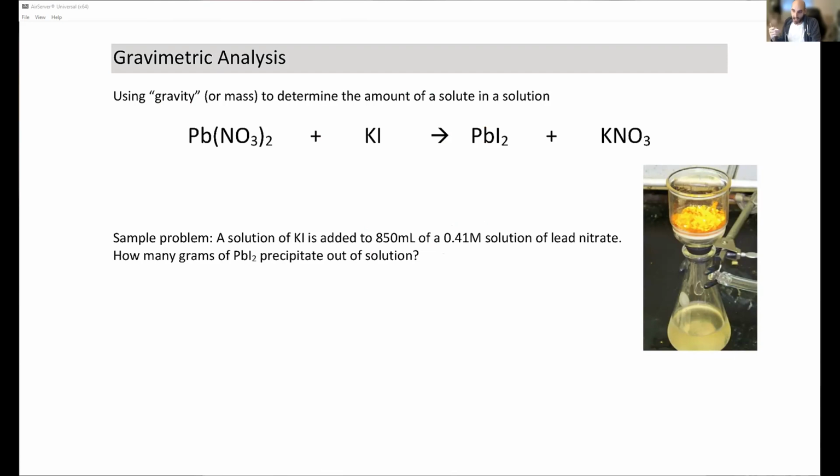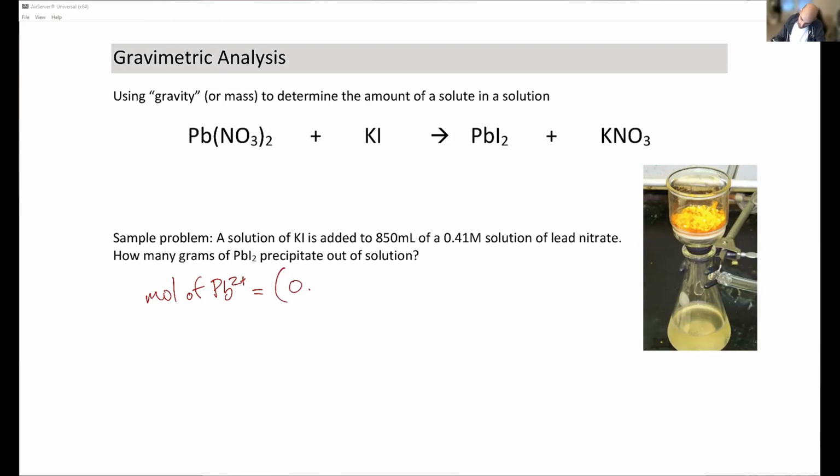So a solution of KI, just a ton of KI, is added to 850 mL of 0.41 M lead nitrate. How many moles of lead do I have? That's what I'm asking you. The lead 2+ ion: how do we figure out moles when we're dealing with concentration?